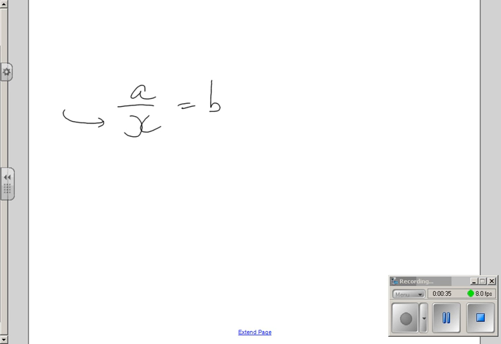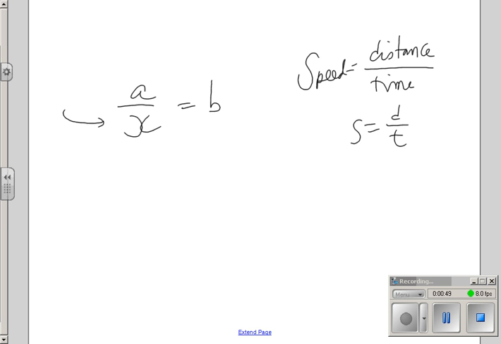It says the formula for speed is speed equals distance traveled over the time it took to go that distance, or S equals d over t. Now when we read the story problem, it says the length of a Canadian football field, including the end zones, is 137.2 meters.